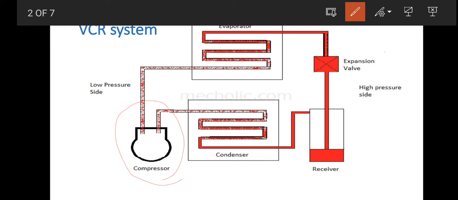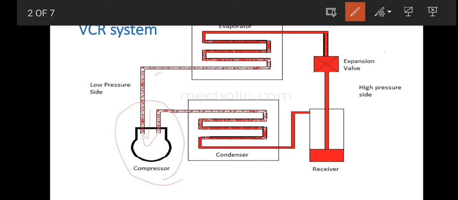If some liquid refrigerant passes through the suction valve of the compressor, then corrosion of the compressor parts will take place. To avoid this, we require the inlet condition of the compressor to be superheated refrigerant. So this is the main disadvantage of the vapor compression refrigeration system.